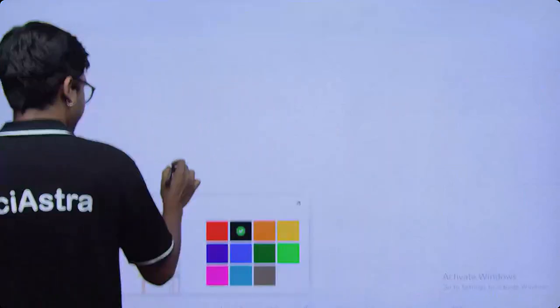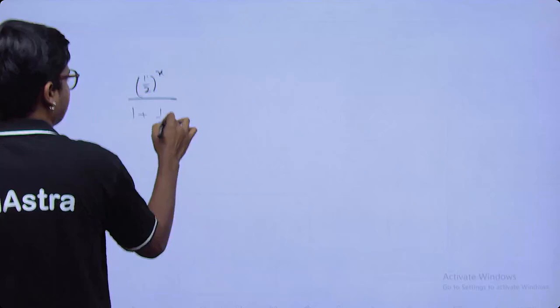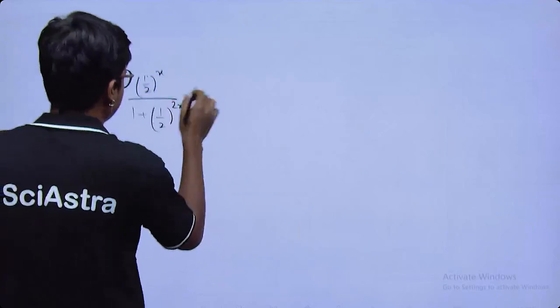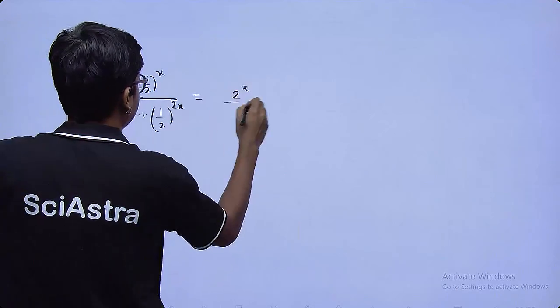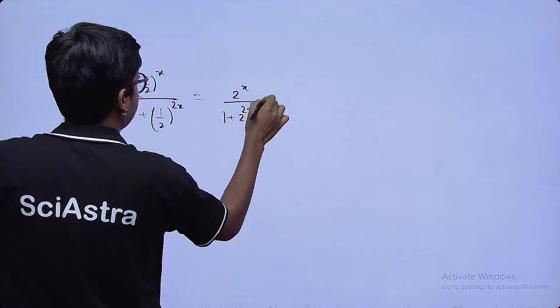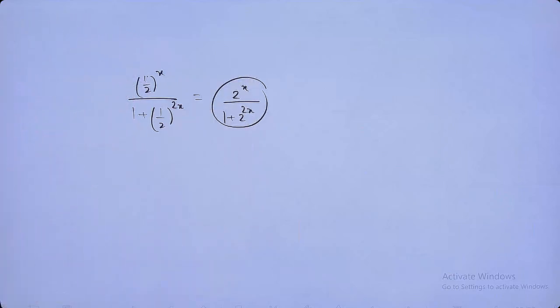I'm going with half, right? So it's going to be half to the power x. Right? So multiply it. So you get 2 power x by 1 plus 2 power 2x. Wait, it's exactly the same thing. We're ending up with the same thing.